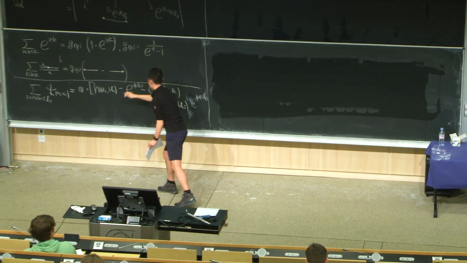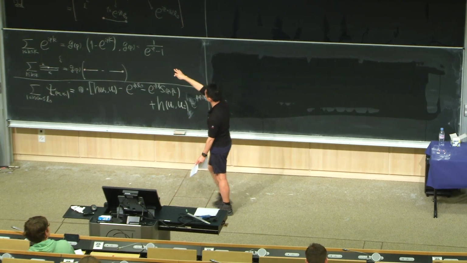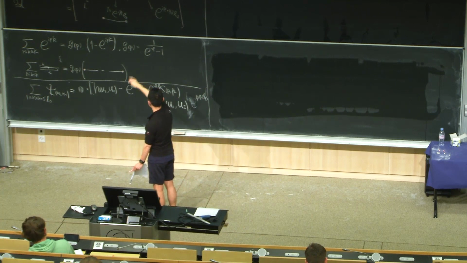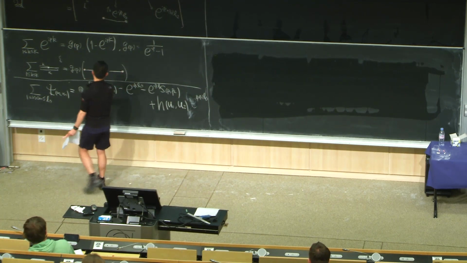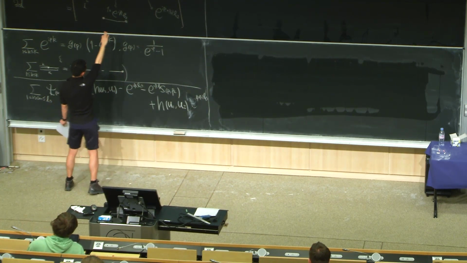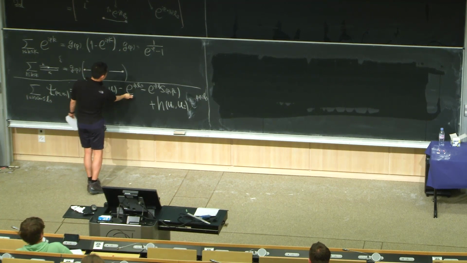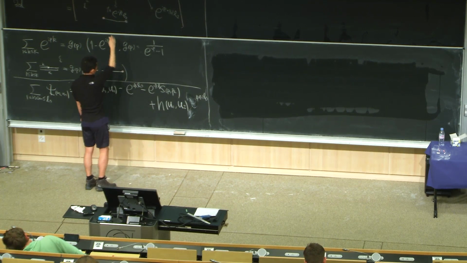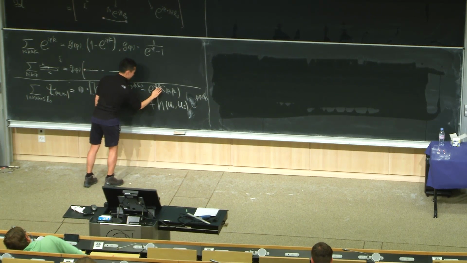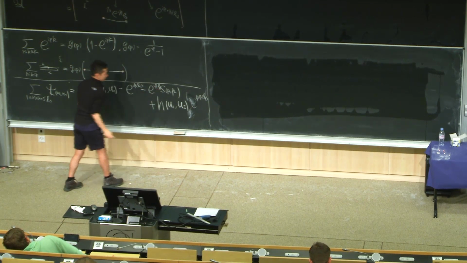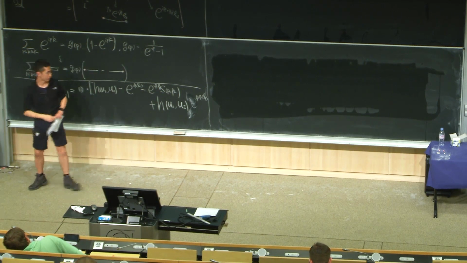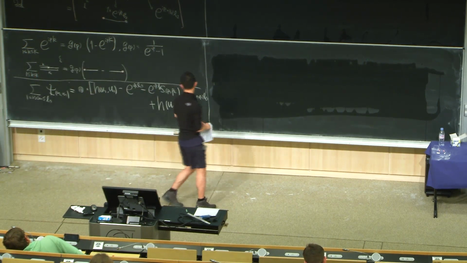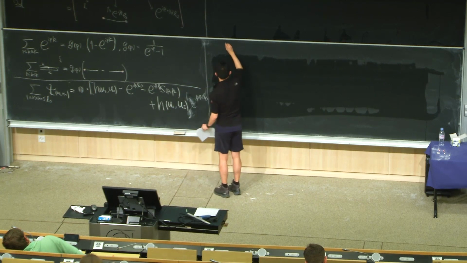So essentially, these 4 terms correspond to the 4 terms I drew there. The leading term 1 basically corresponds to this one, and the next term is probably this one, and the third term is this one, and the last one is this one. And I should say what this H is.